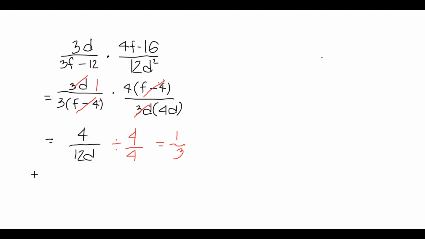For our final answer, we have 1 in the numerator, and 12 becomes 3, and we just copy the variable d. So our final answer here is 1 over 3d.